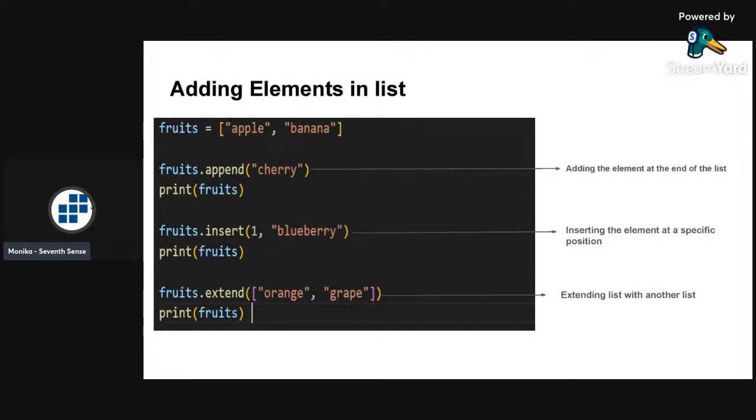Adding the element at the end of the list. What will be our output? Apple, banana, and cherry.